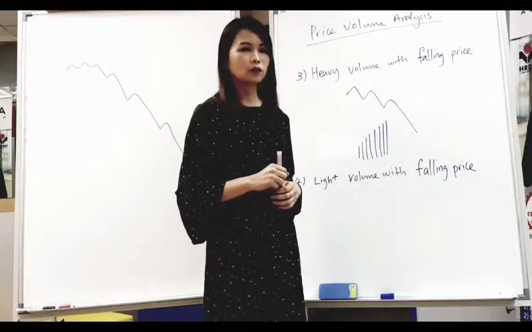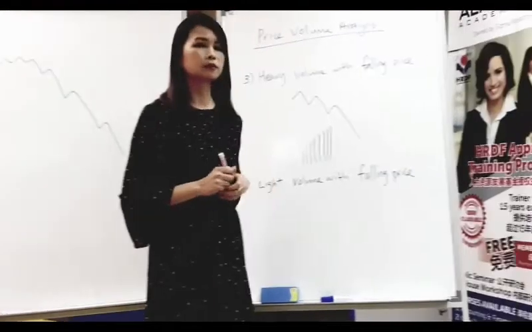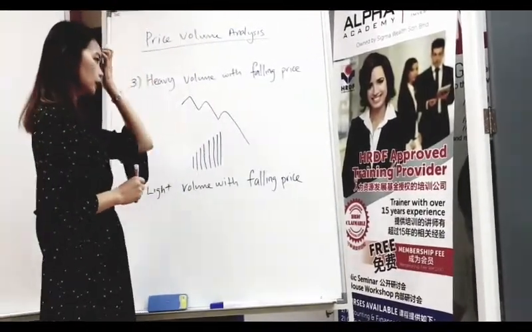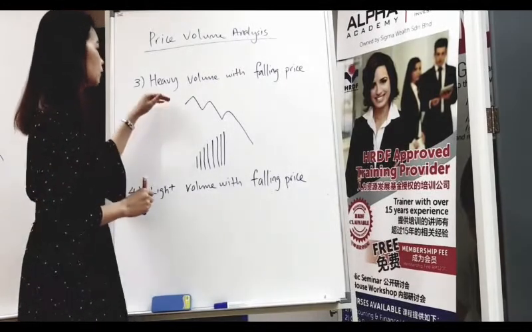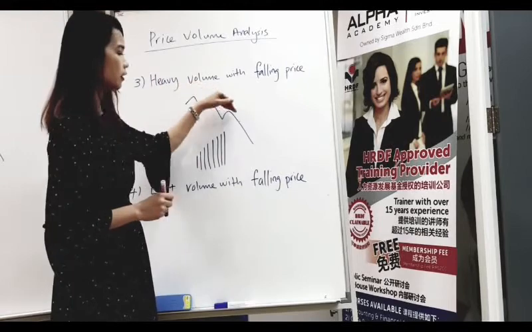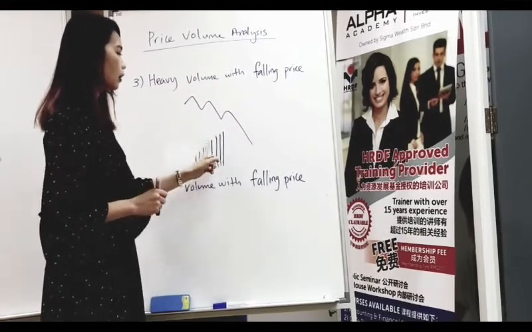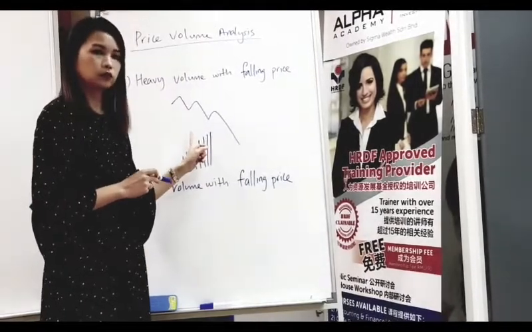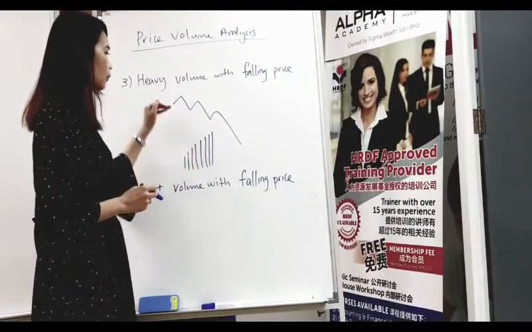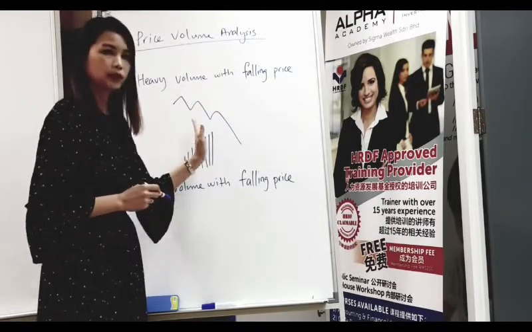Next, we look at the third trend, which is heavy volume with falling price. Take a look at this diagram. We are looking at a stock having a falling price. The price is dropping. However, there is heavy volume registering for this stock or index. That means when the price is falling, the volume started to pick up.